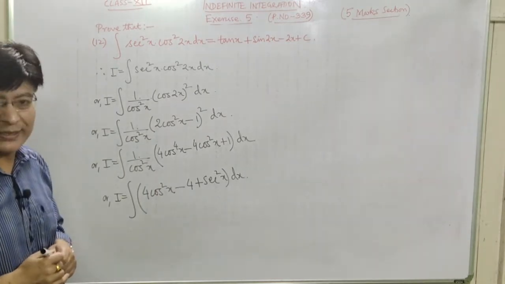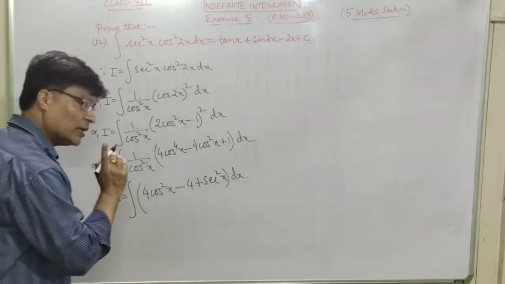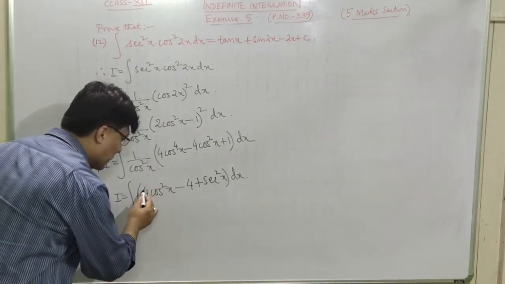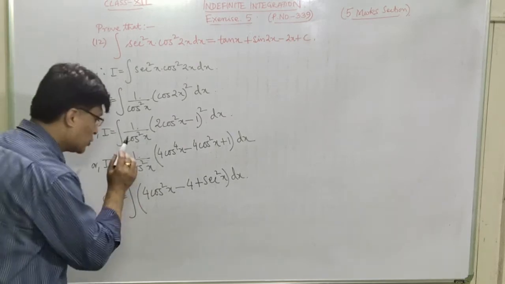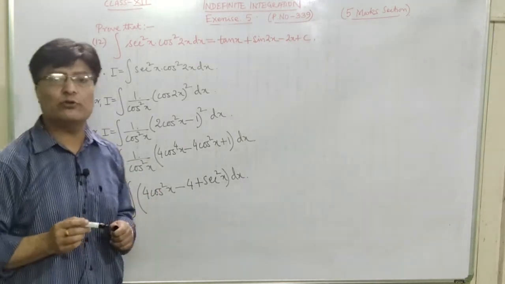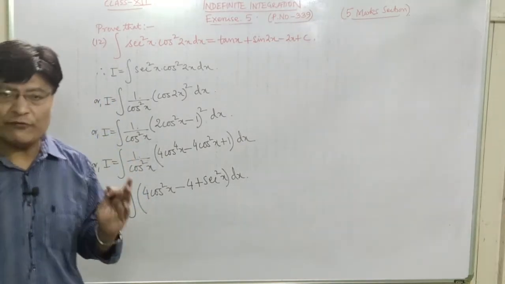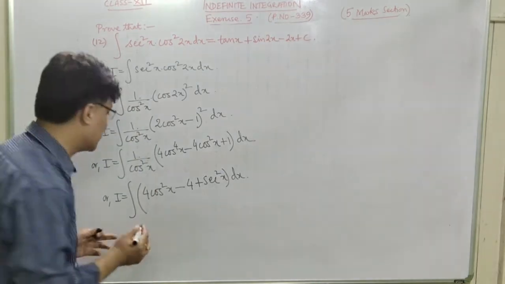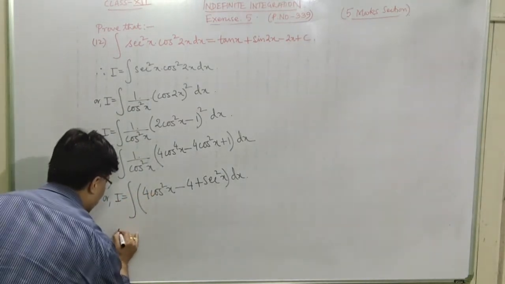So I think you have understood it. Now, since there is cos square x, you should multiply it by 2. So we can take that 2 from 4, isn't it? So that we can use the formula of 2 cos square x. Now you know the formula for 2 cos square x, which is equal to 1 plus cos 2x, isn't it? So let us take 2 outside from here.